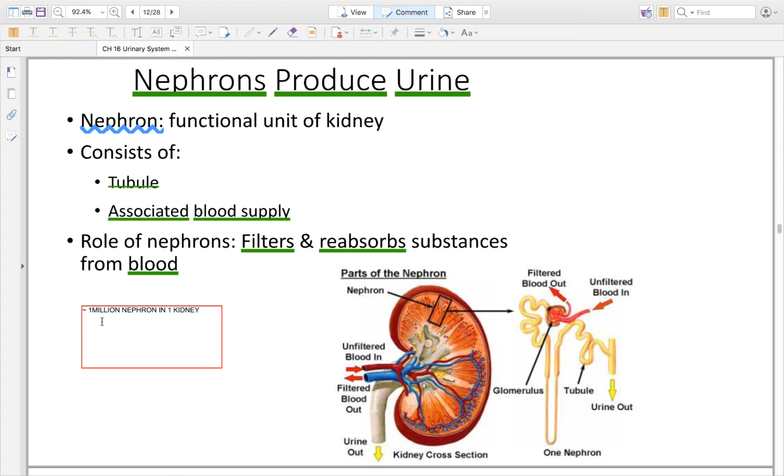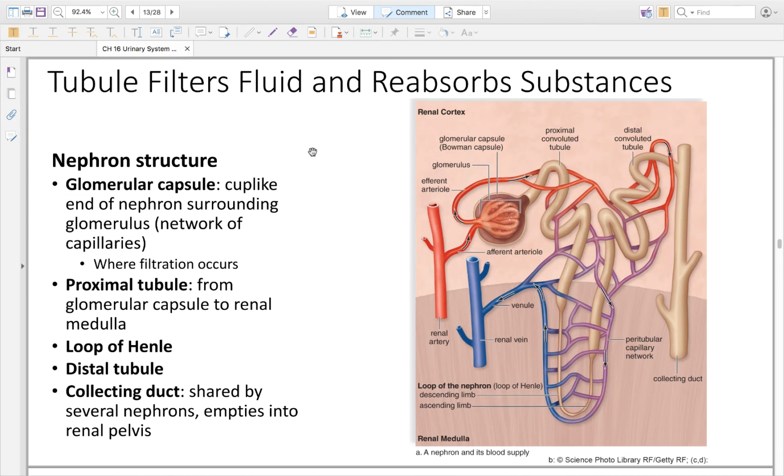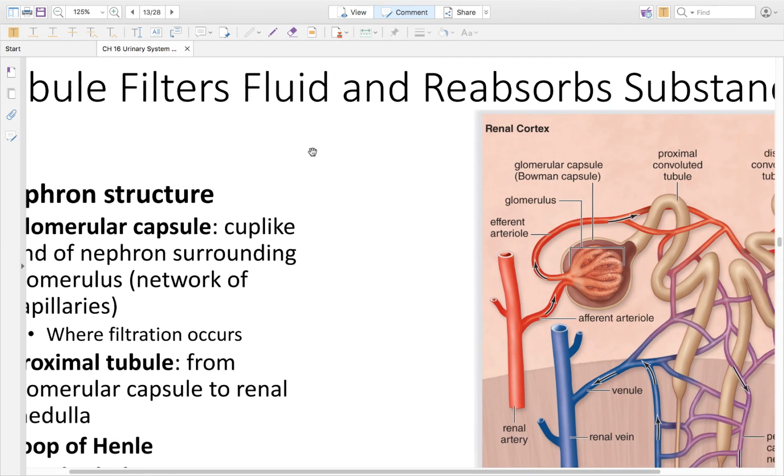And this is absolutely important because we're going to learn how one nephron works, but you have to understand that this is happening at a magnitude of really more like 2 million, because you have 2 kidneys. All right, so let's look at the nephron. First, I'm going to teach you the anatomy, and then we'll go into the actual urine formation. Okay, so anatomy, here we go.